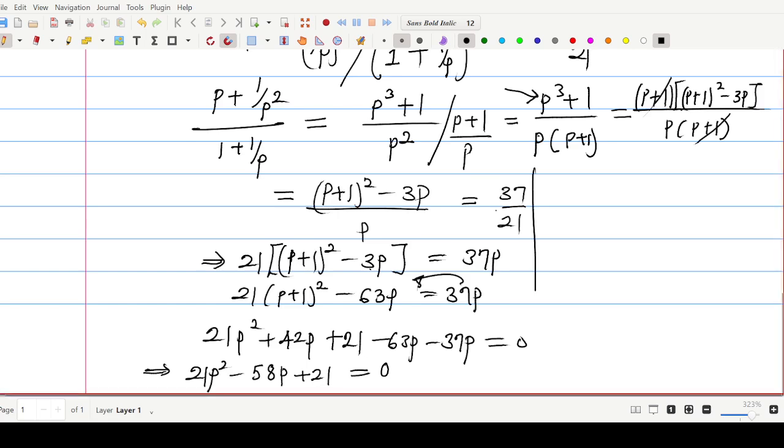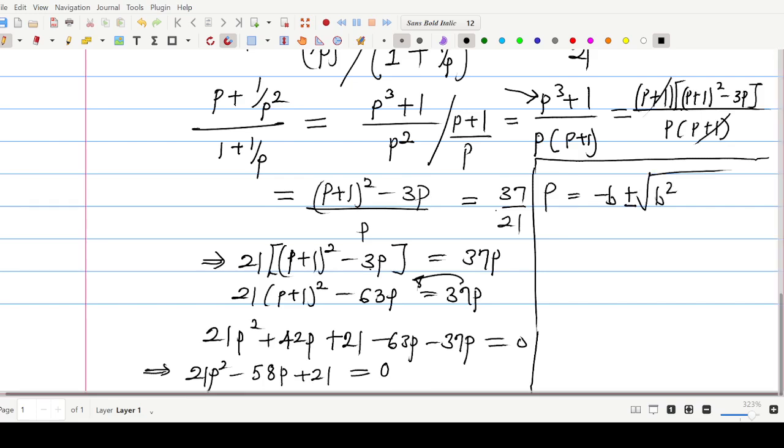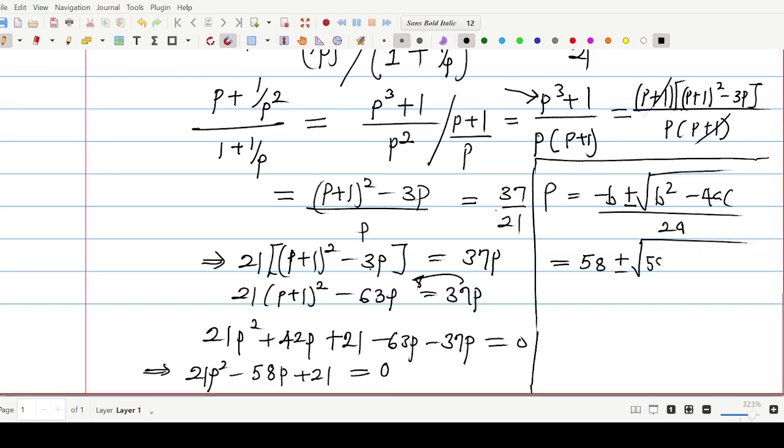In this case, your b is minus 58, so here it becomes 58, plus or minus the square root of 58 squared minus 4ac, where a is 21 and c is also 21. I don't think there's any mistake in this particular problem. Then over 2 times 21.